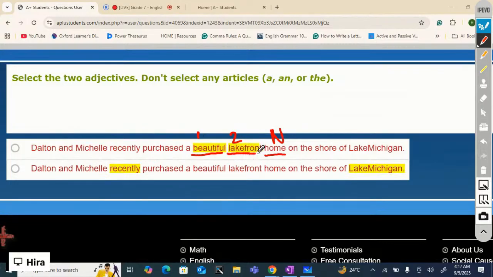So these two words describe this noun. So these two words are two adjectives which modify this noun, this home. Beautiful home, lakefront home. So two adjectives describe this noun. So the correct answer is this.